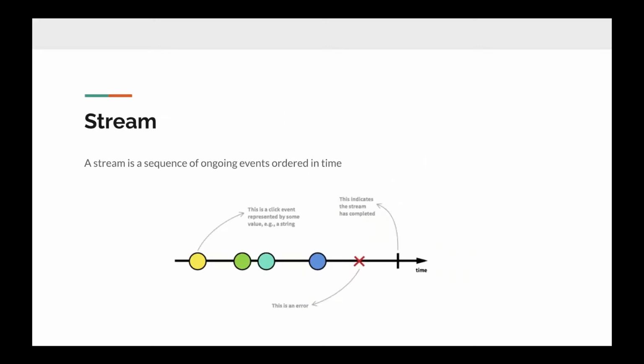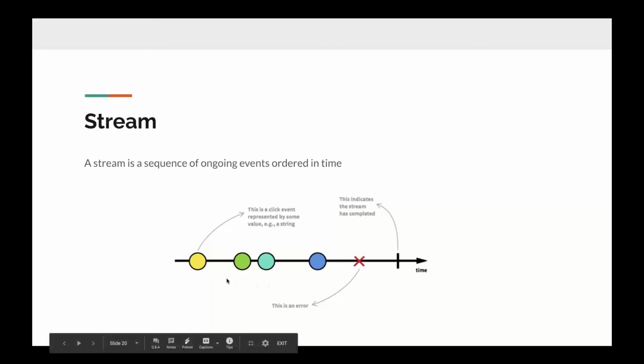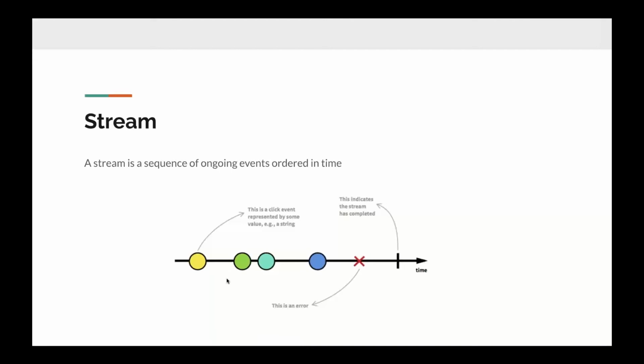Now we are entering into what is a stream. A stream is a sequence of ongoing events ordered in time. Consider, as I said, your friend is posting something on his wall, right? So a Facebook post. Each and every Facebook post is an event.